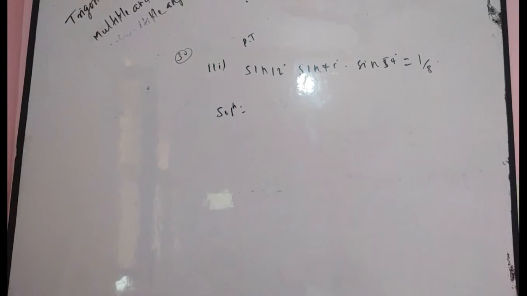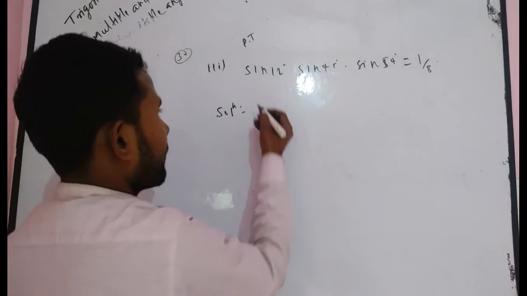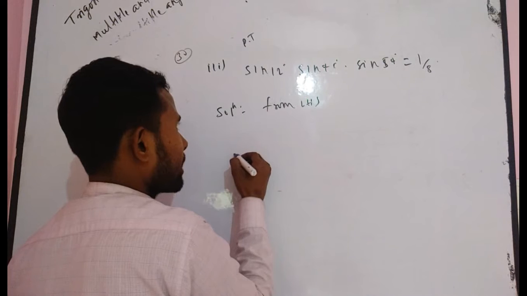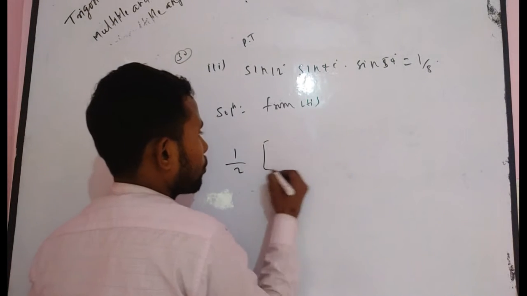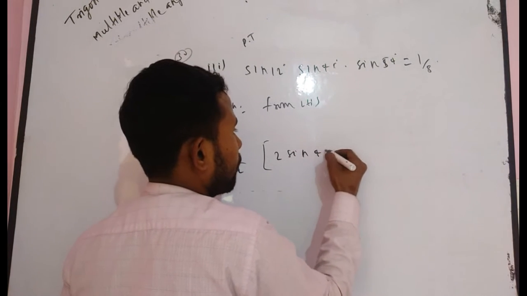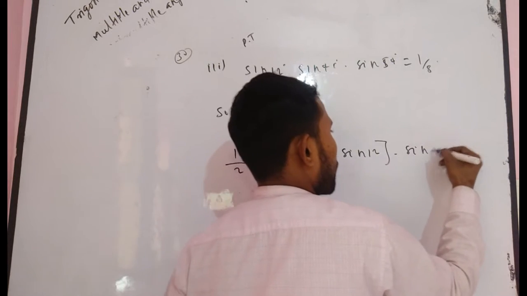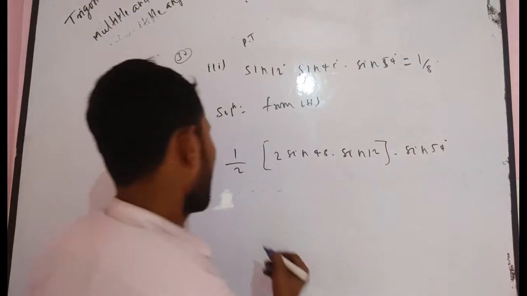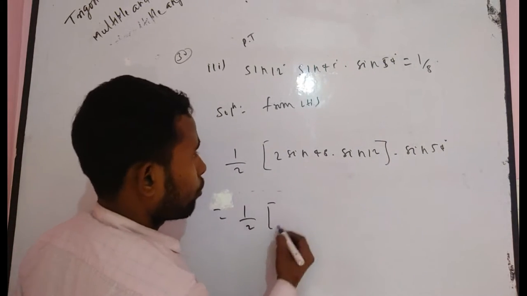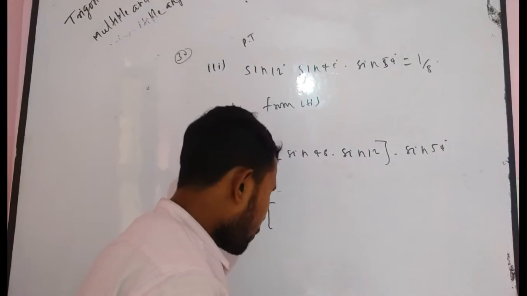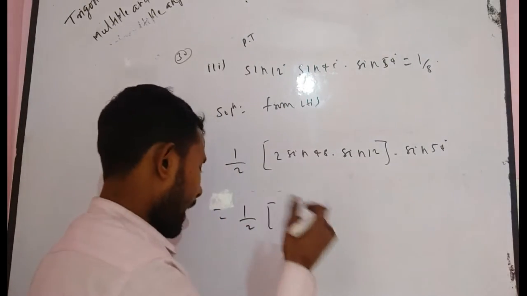Firstly from LHS, if you multiply by 2 and divide by 2, what do you get? You get 1 upon 2 into 2 sin 48 into sin 12 into sin 54. What is the formula of 2 sin A into sin B? I think you know.